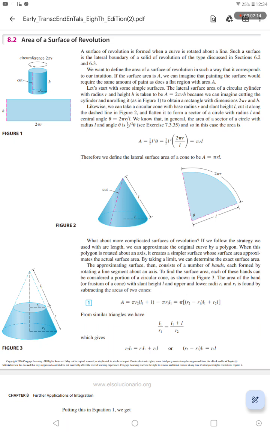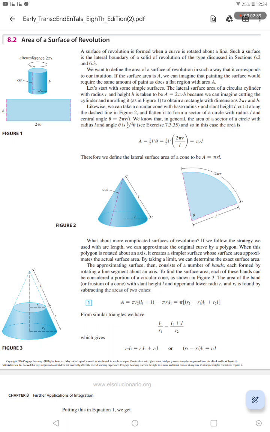And so in this case, the area is big A equals 1/2 L squared theta equals 1/2 L squared open 2 pi r over L close equals pi r L. Therefore, we define the lateral surface area of a cone to be big A equals pi r L.